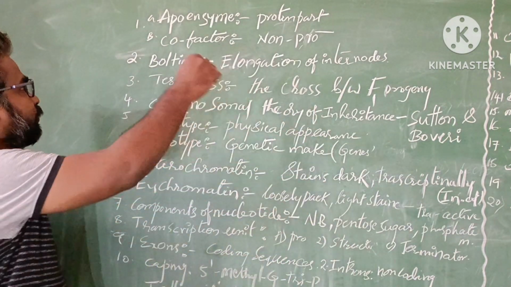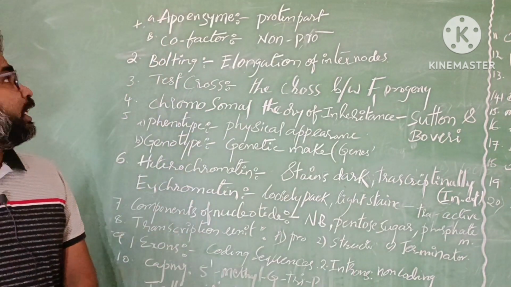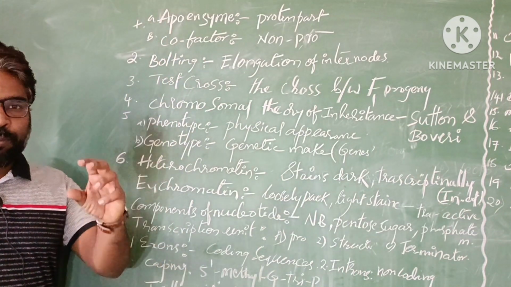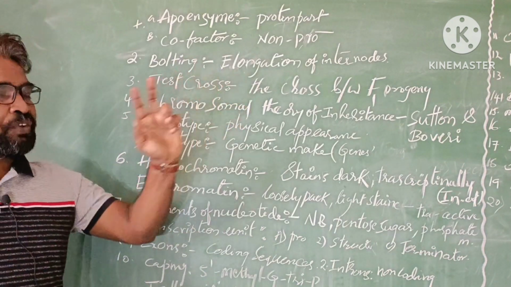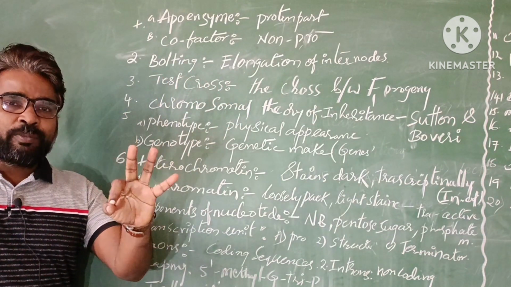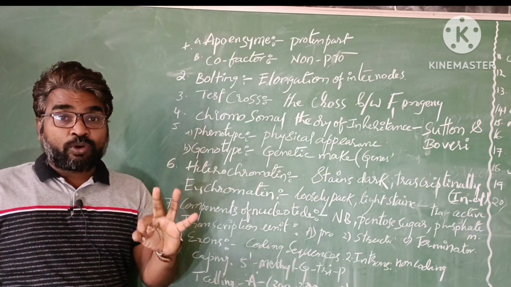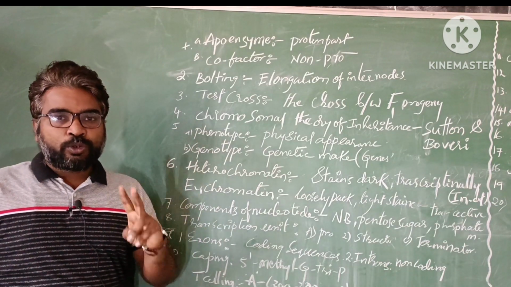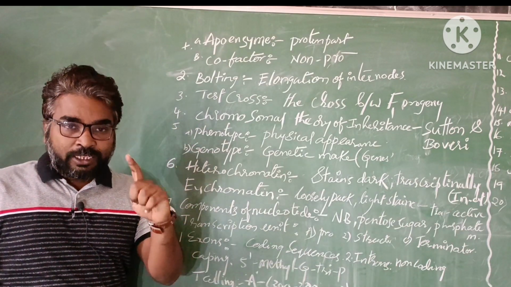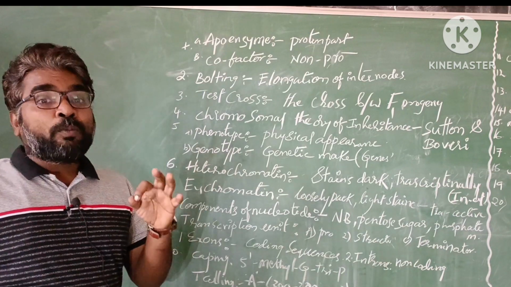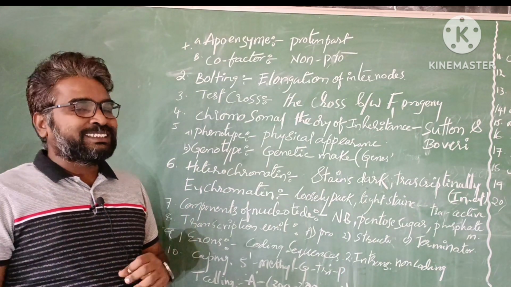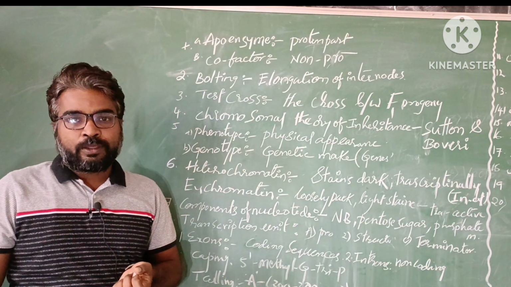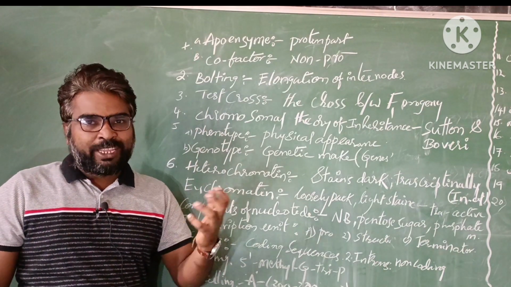Okay, number one, the first one is from enzymes: what is apoenzyme and what is cofactor. In the enzyme chapter, an enzyme has two parts. One part is a protein part, and one part is a non-protein part. Protein is nothing but amino acids.